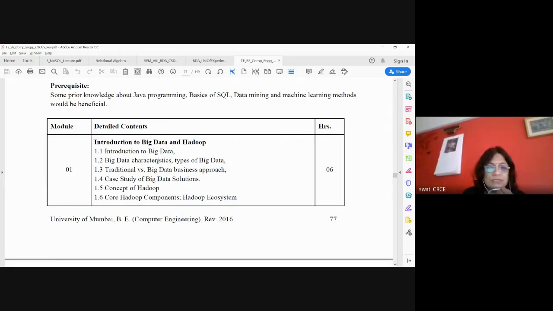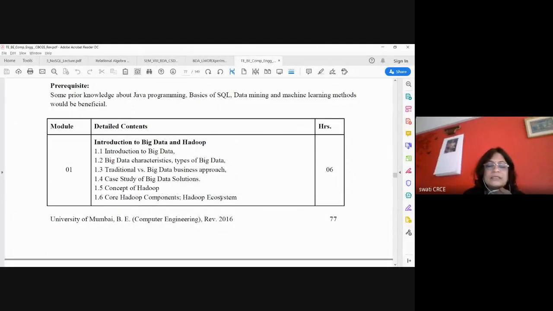The first part of this chapter is about big data, and the second part is about the basics of Hadoop. In the first part, we learn about big data, comparison with traditional systems, and case studies. In the second part, we study the core components of Hadoop, the four components: common library, HDFS, MapReduce, and YARN. There can be a question to explain all four components, or select any two and explain them in detail, or HDFS in detail, or only MapReduce in detail.